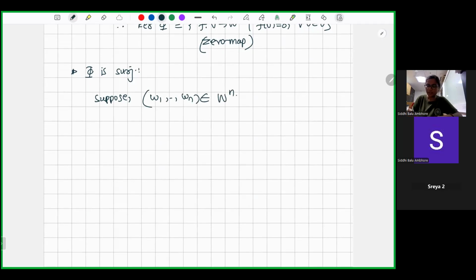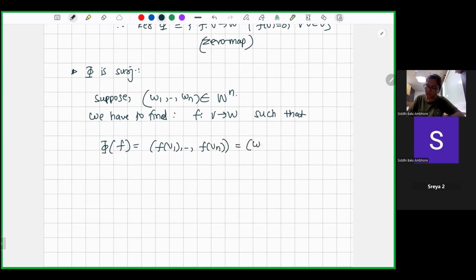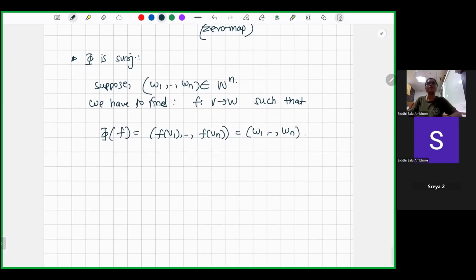Then we have to come up with a function f from V to W such that phi of f, that is (f of v1, ..., f of vn), is equal to (w1, ..., wn). We have to find such an f.